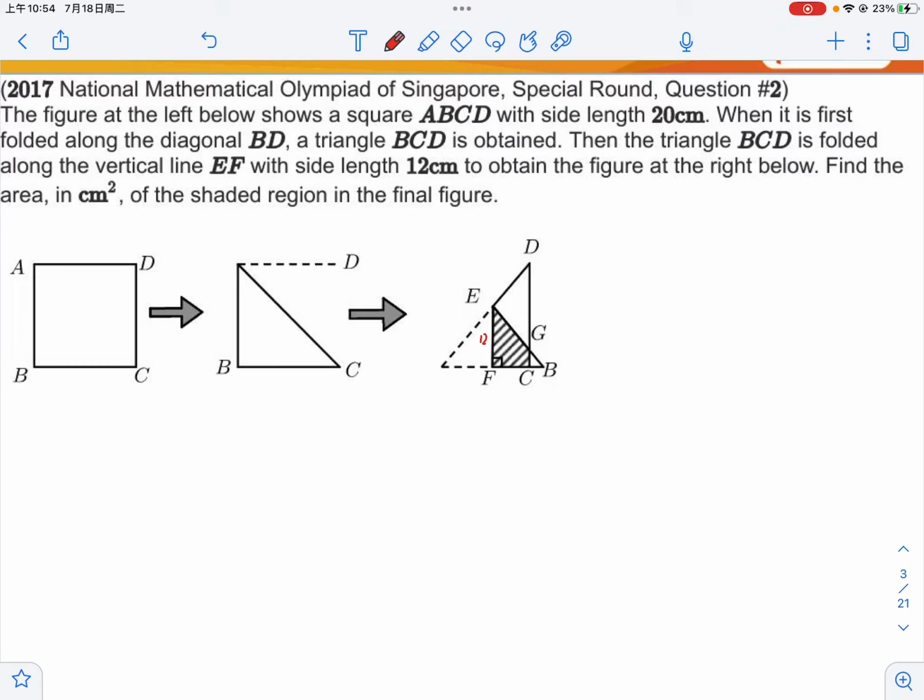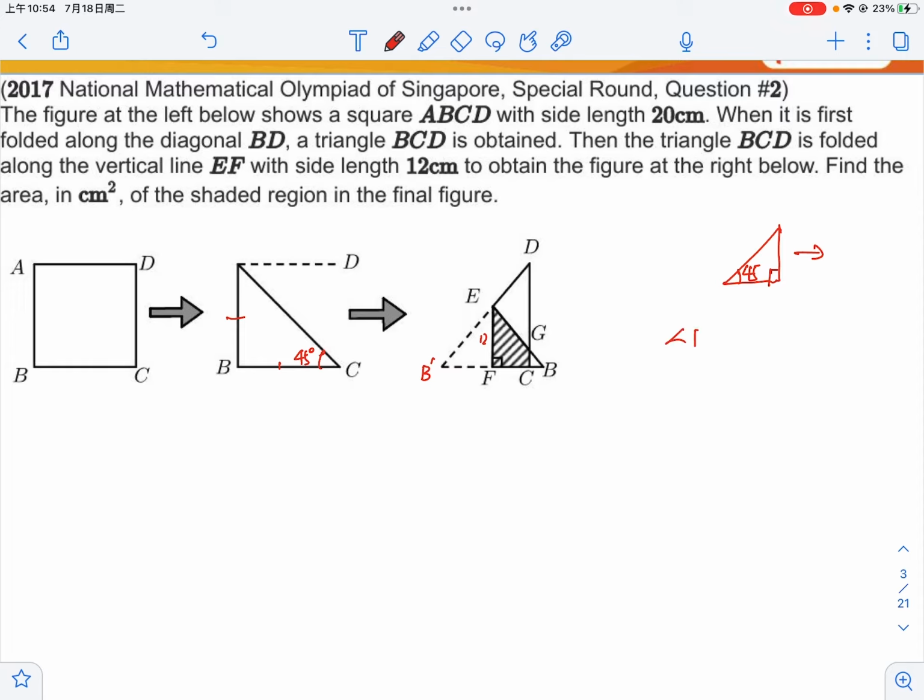For this kind of question, the important thing is to find what is special about the isosceles right angle triangle. If this is an isosceles right angle triangle, this angle is 45 degrees. If a triangle has one angle of 45 and another of 90 degrees, it must be an isosceles right angle triangle. Let's use B prime here.